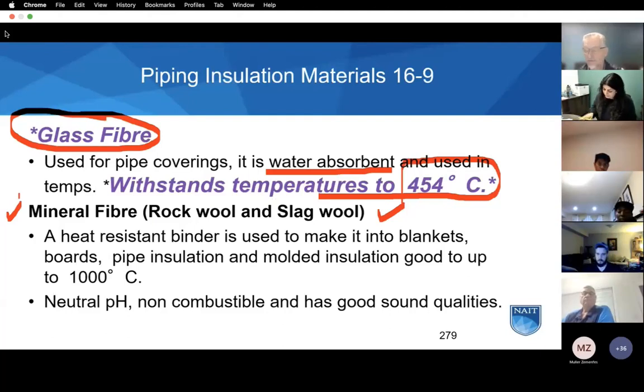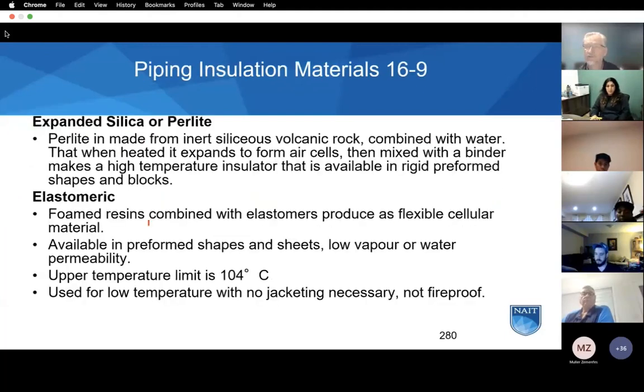Almost as bad or maybe worse than the older asbestos that was used. Expanded silica. I think this is the most common one now, expanded silica, and a brand name is perlite, made from volcanic rock.